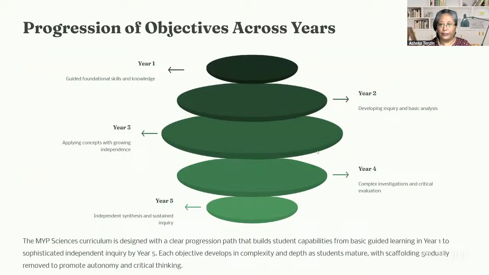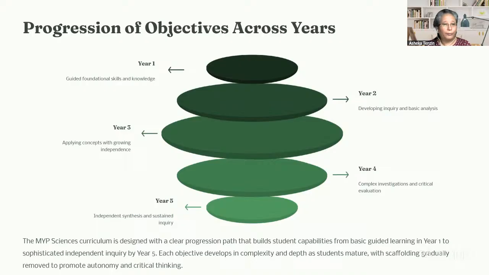So here you have the diagram where in year 1, you are giving guided skills and knowledge to your students. In year 2, you are developing the inquiry and basic analysis. In year 3, you will start applying the concepts and the students are becoming independent. In year 4, you will be giving them complex investigations and they will be able to evaluate critically. Okay. And in year 5, they will do independent synthesis and they will have their own inquiry.